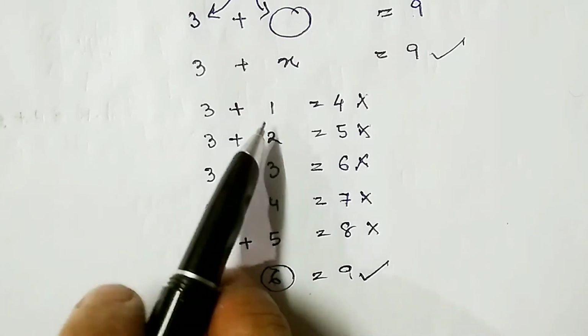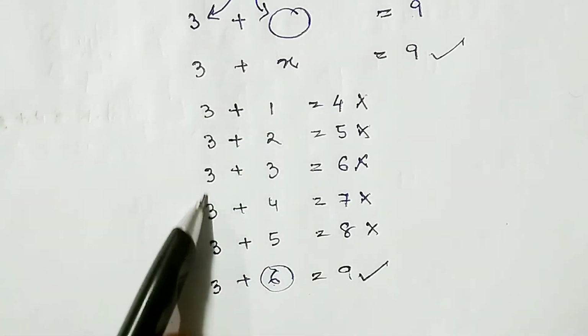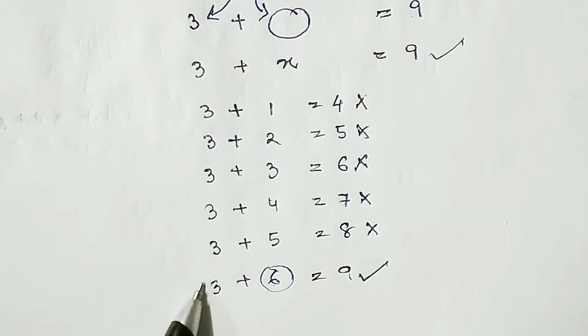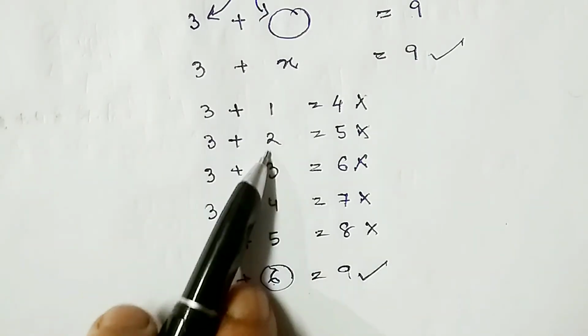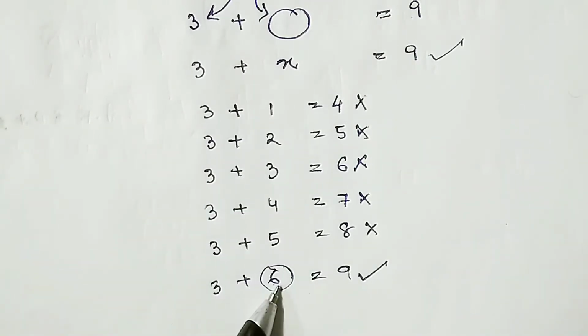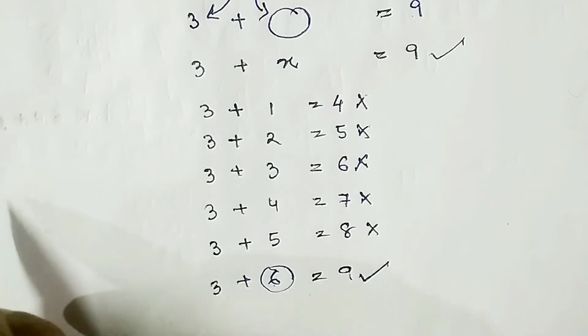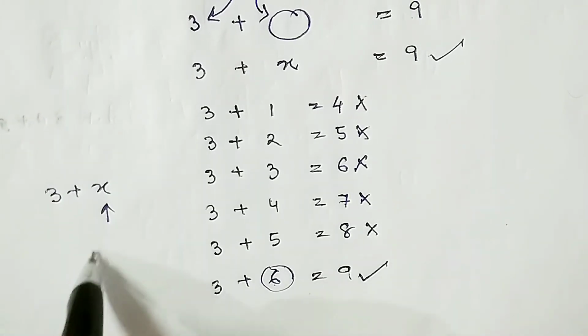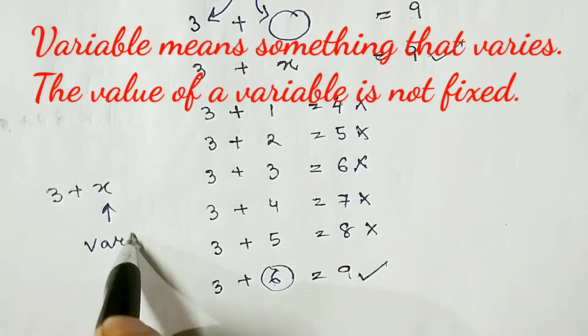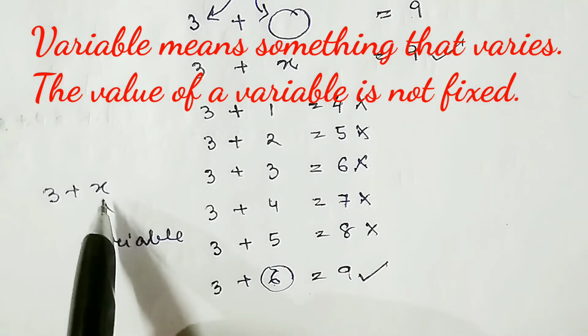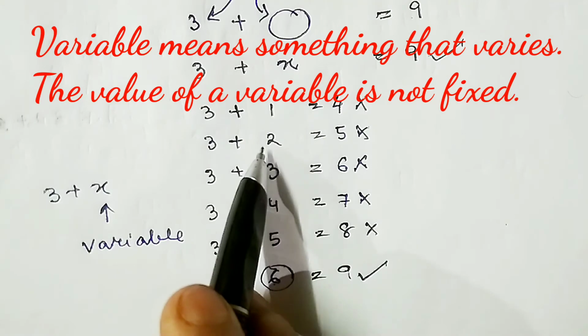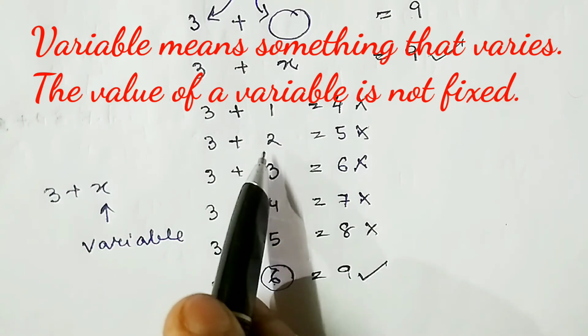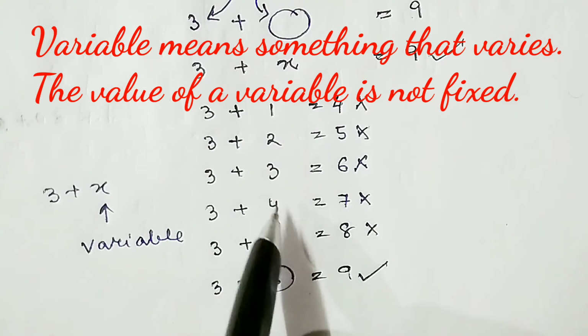Okay. So here you can see in all these cases, I have written 3 only. But here various values I have taken. So that's why when I write 3 plus x, x is called a variable. Why is it called a variable? This x can take various values. We can consider 1, we can consider 2, we can consider 3, 4, 5.